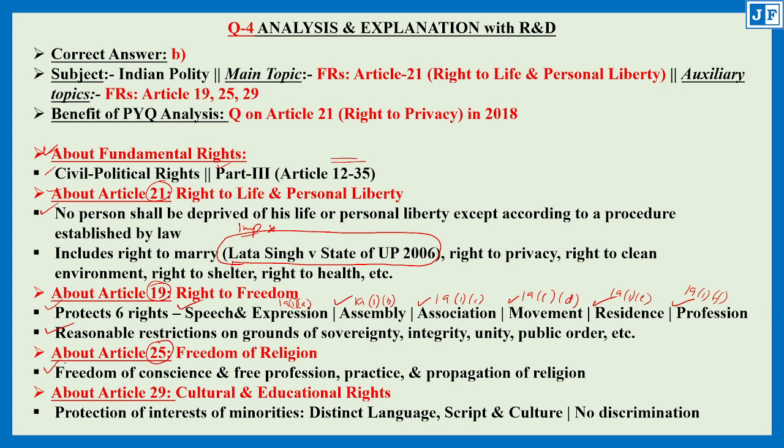It provides freedom of conscience and free profession, practice, and propagation of religion. Further, Article 29 is related to cultural and educational rights. It protects the interests of minorities. What kind of minorities? Cultural and linguistic minorities. It protects their distinct language, script, and culture, and no discrimination is allowed regarding their admission in educational institutions.